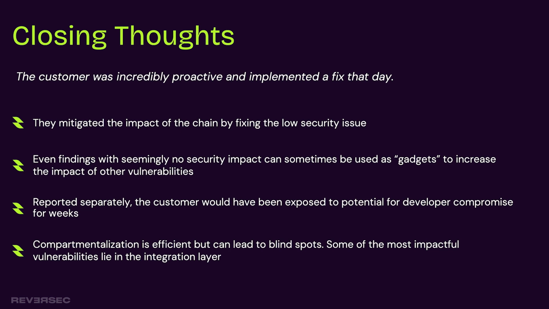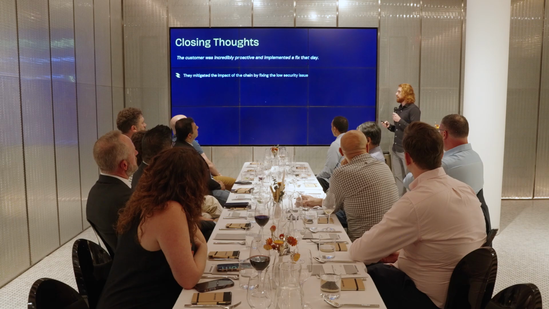I think it's important to note that as soon as I realized the full impact and gave the customer the steps to reproduce, they were incredibly proactive and fixed it that day, hence the driving back into the office on Friday. And they fixed it in a way that I wasn't actually expecting. I assumed they would address the higher severity of the two issues, the cookie impersonation flaw, but they actually fixed the container issue first, and they did this by making sure that a temporary user is created and that the post-update script would execute as that user.